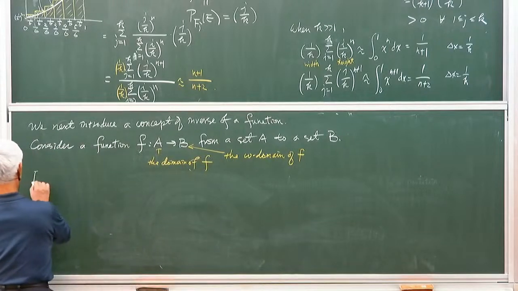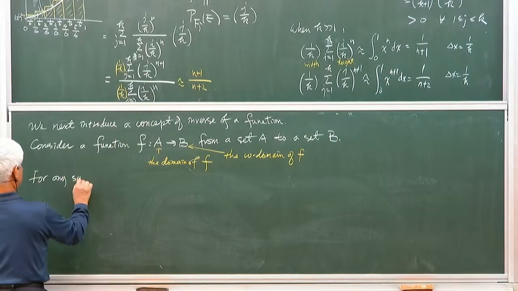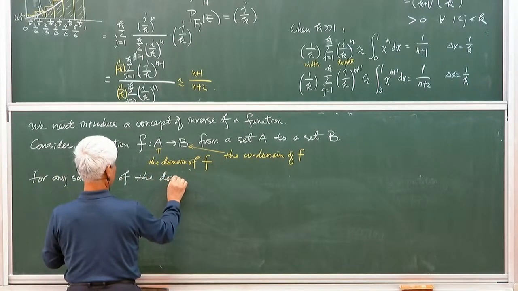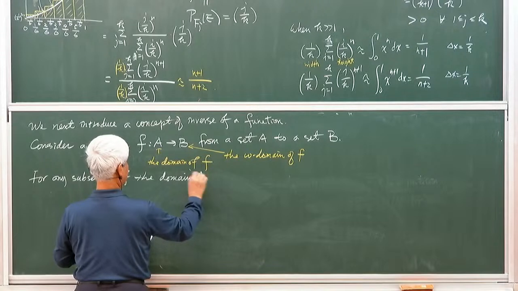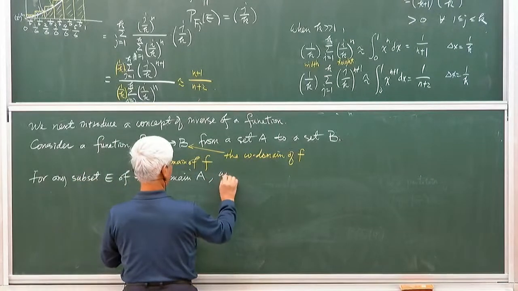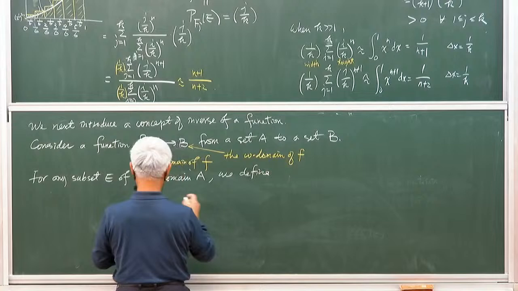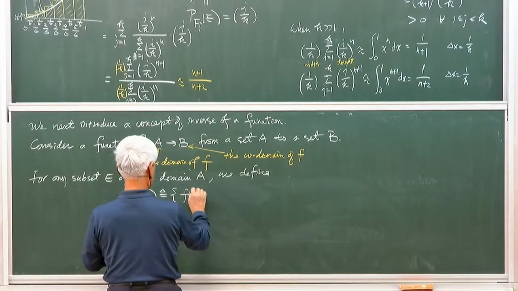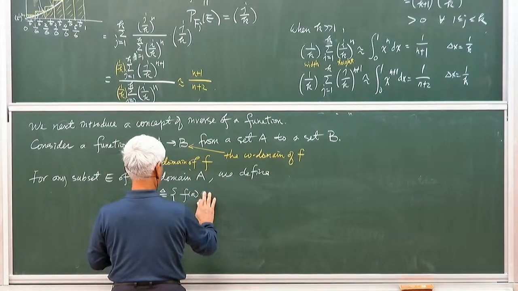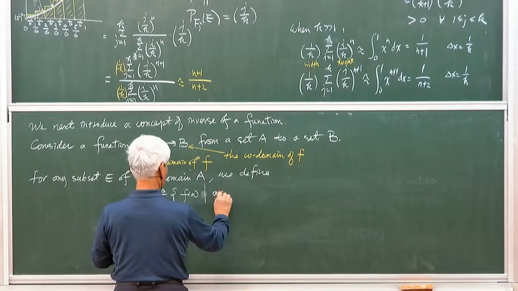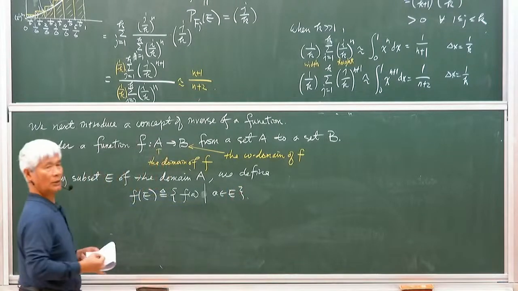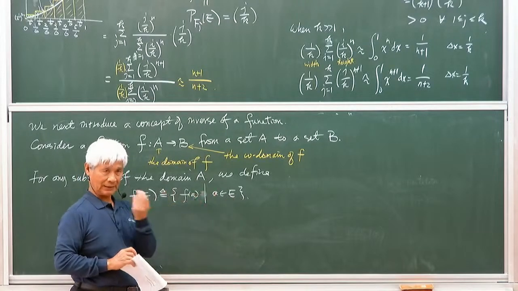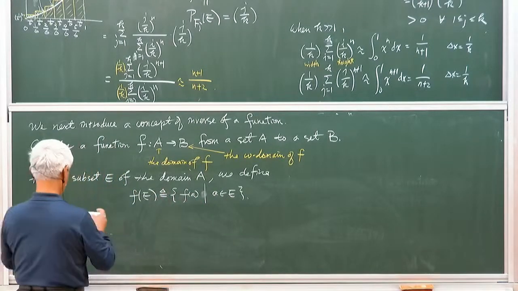Now, for any subset E of the domain A, we define f of E: we collect all the values of elements in E together to form a set.